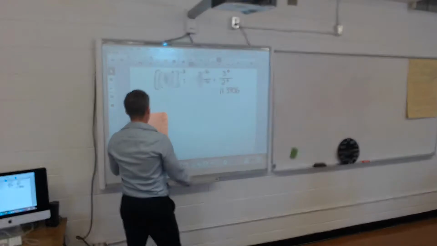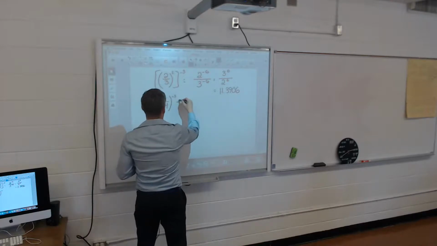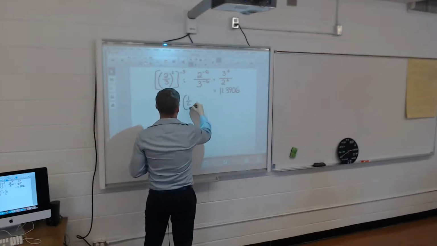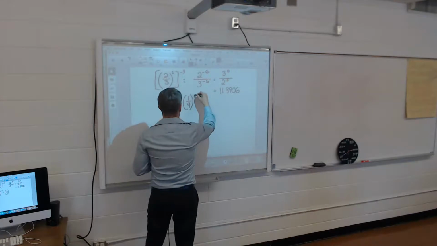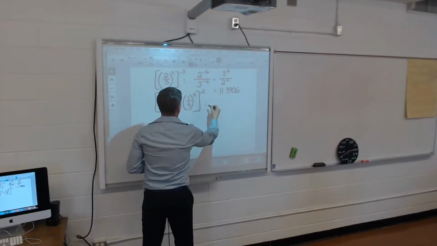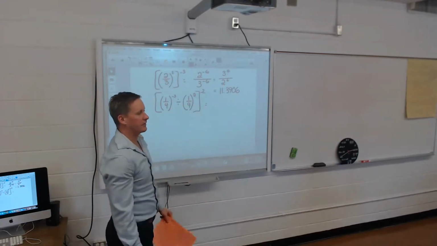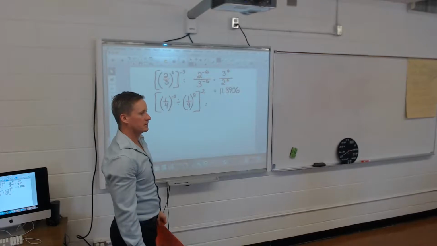And the last one. 1/4 to the negative 3 divided by 1/4 to the 2, and then all of that is to the negative 2, right? Okay. I have a divide here, so what do I do with my exponents? Subtract them.